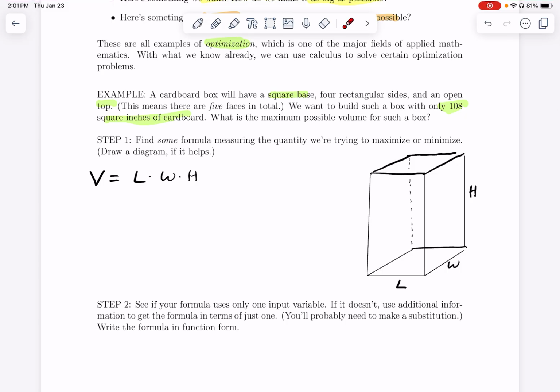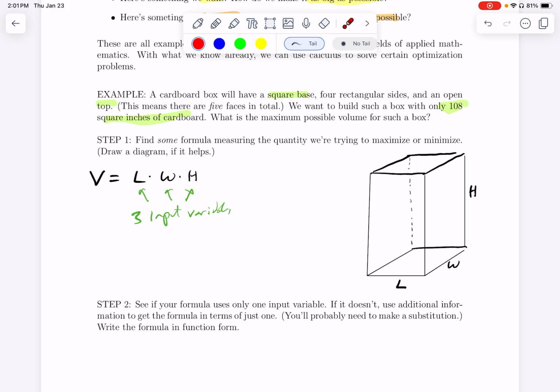So right away, we're seeing to know volume, I need to know length and width and height. So in its current form, it has three input variables. We want to somehow say, can we use additional information in the problem to get it in terms of just one? So we want to reread the problem and see what do we know.